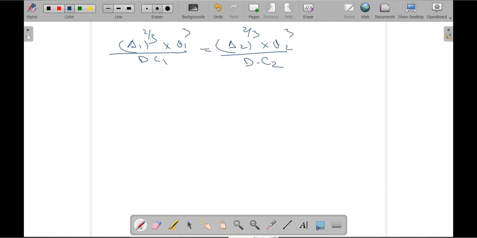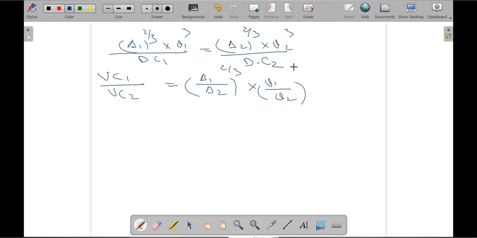Also, let us see what is a voyage consumption. Let first you write down the formula VC1 over VC2. Now VC1 is the voyage consumption number 1, any voyage, and similarly you have another voyage which we are calling VC2, is equal to delta 1 by delta 2 raised to power 2 by 3 into V1 by V2 square into voyage distance 1 over voyage distance 2.